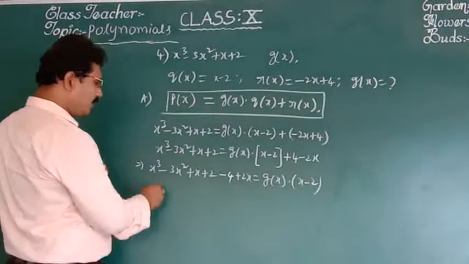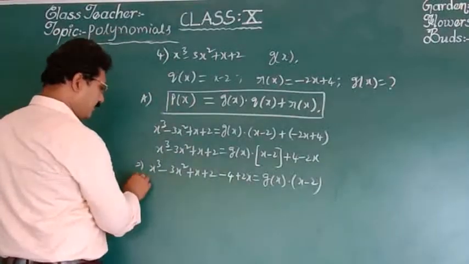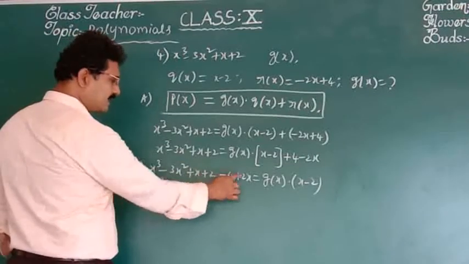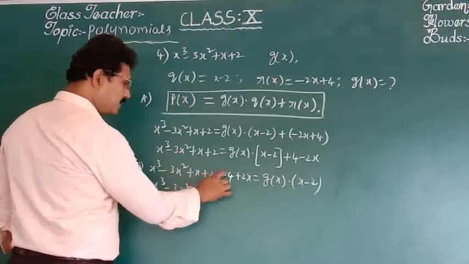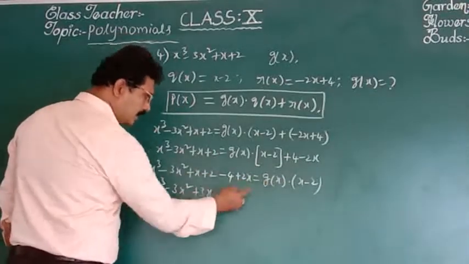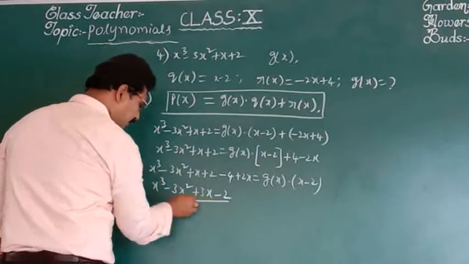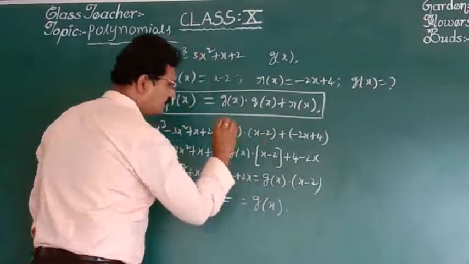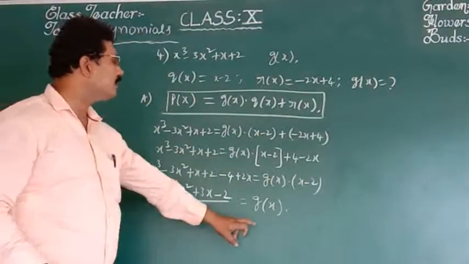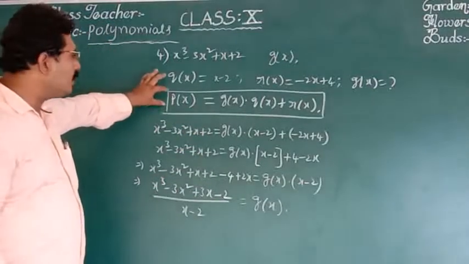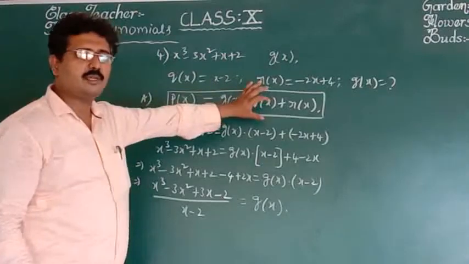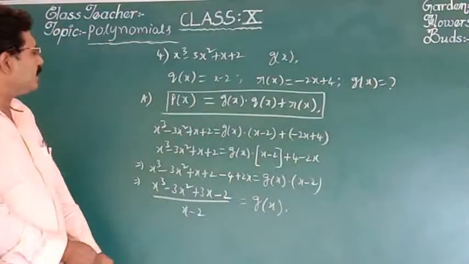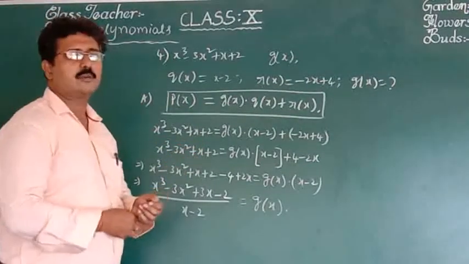Now by using this, x cube minus 3x square plus x plus 2x, that is plus 3x, and plus 2 minus 4, that is minus 2. The whole thing divided by x minus 2 is equal to g of x. First of all, by using the dividend rule, p of x is equal to g of x into q of x plus r of x, and p of x is x cube minus 3x square plus x plus 2.